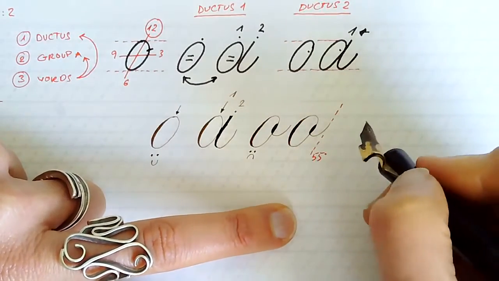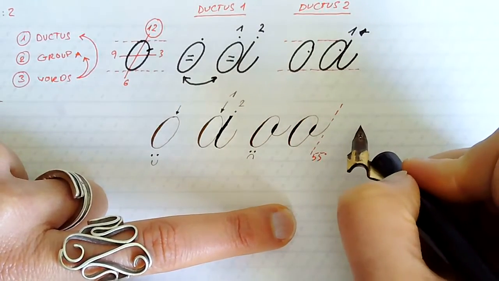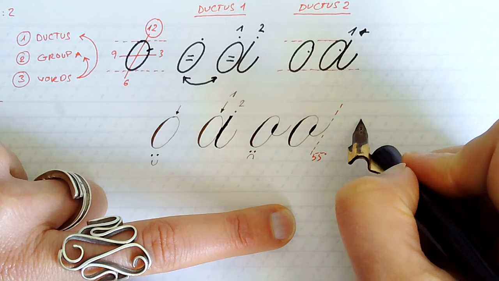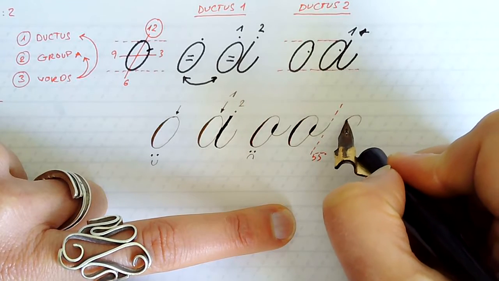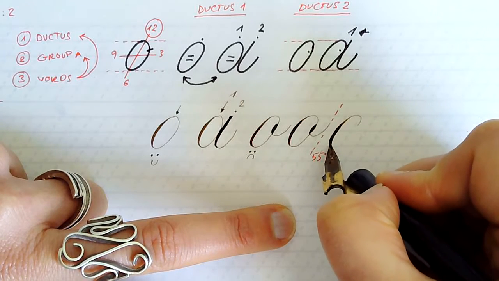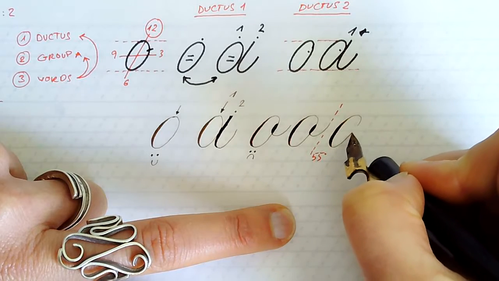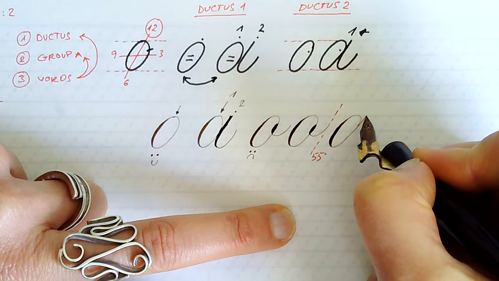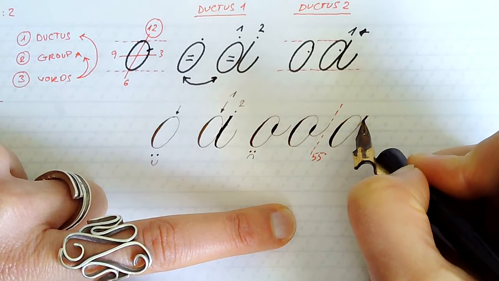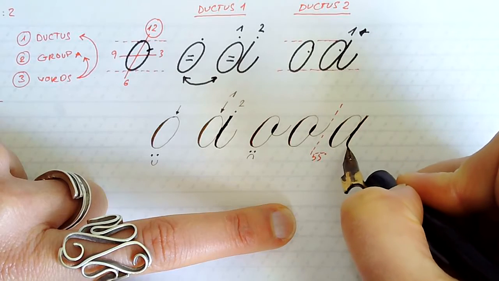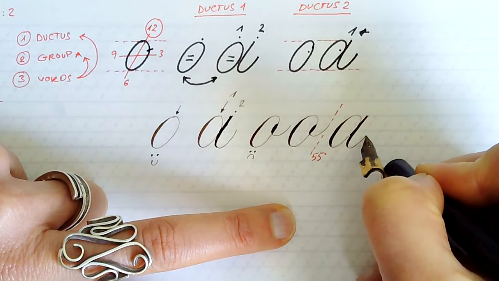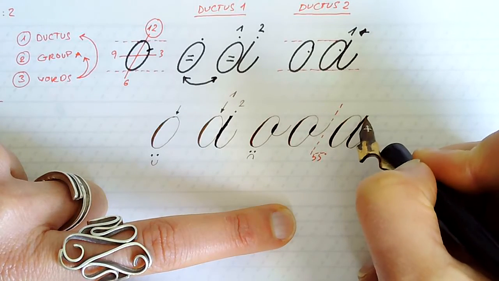So I'm starting at 2 o'clock, going up and around, apply pressure, release pressure, going back up, closing the oval shape, 1 millimeter to the right, press, release, underturn, exit.